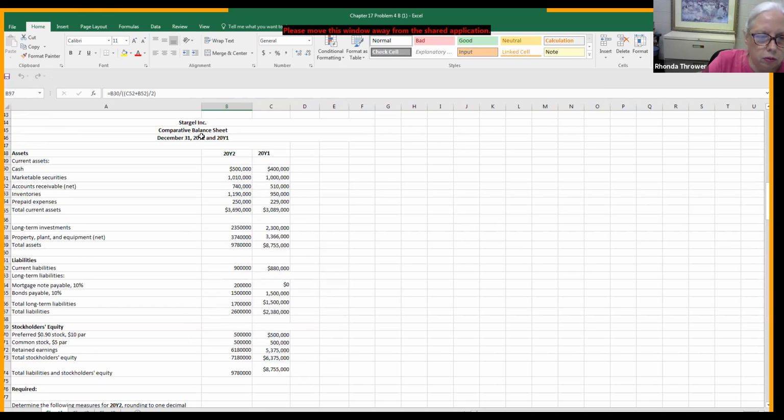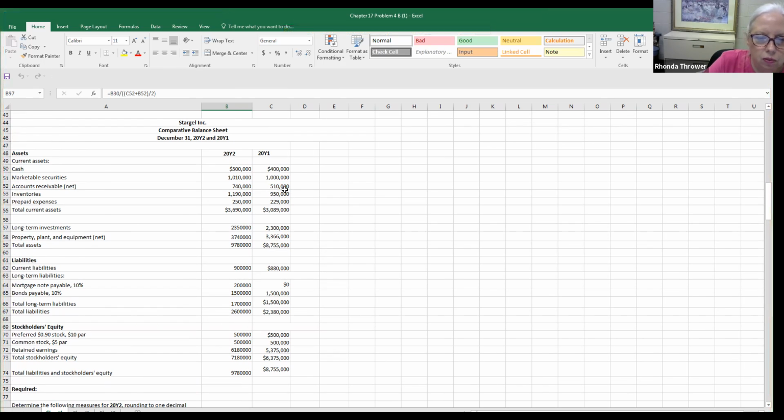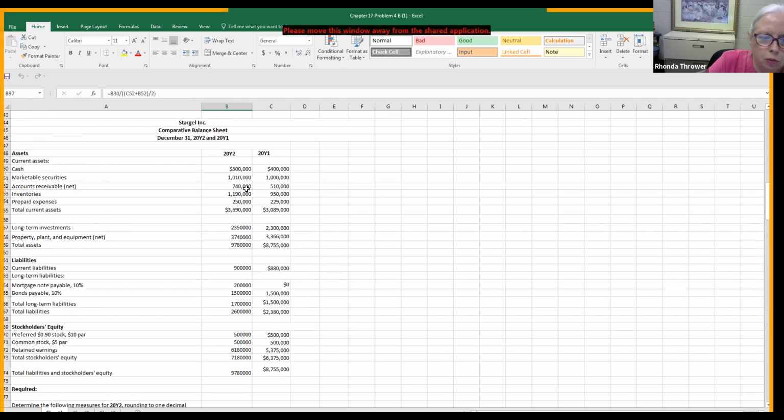This is our comparative balance sheet, and this is our accounts receivable net amount. The beginning amount of the accounts receivable would actually come from last year's ending accounts receivable amount. So 510,000 plus this year's net amount of accounts receivable divided by 2 will give you the average accounts receivable.